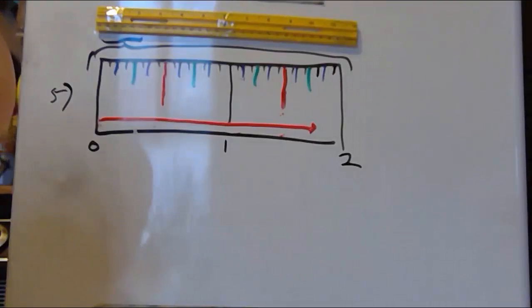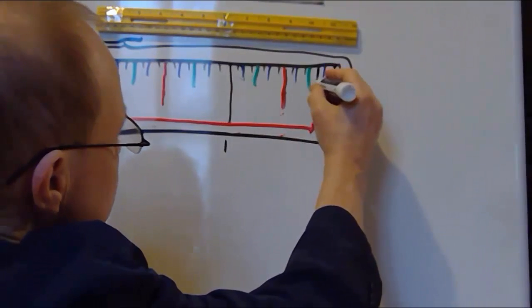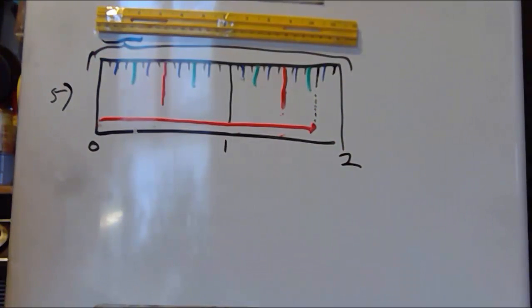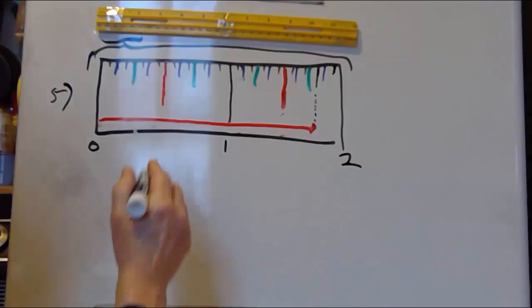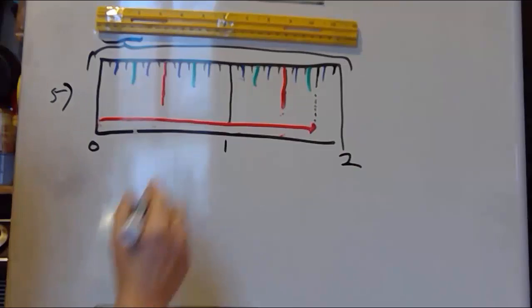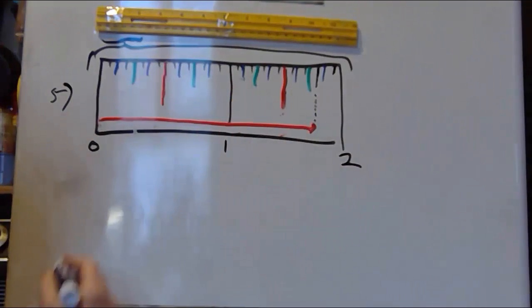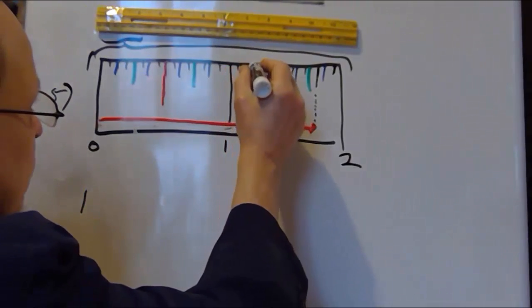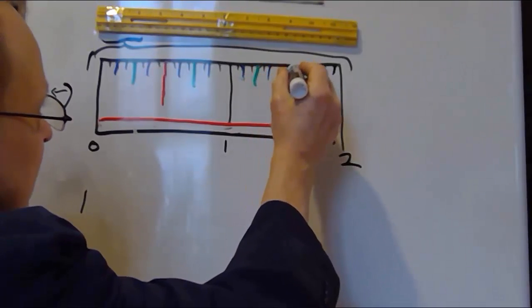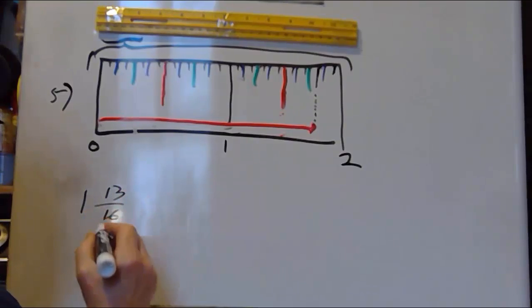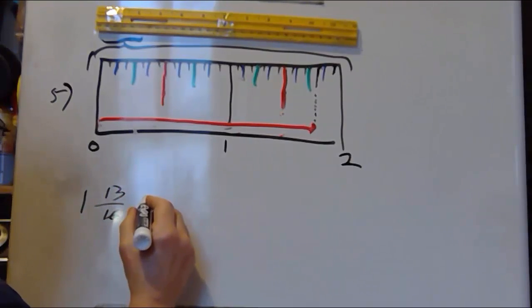So that means if we drop a perpendicular, meaning just a line to see where we are, and it looks like if we were to count, we end up with the 1/16. So if we were to count from here to here, we have the 1, and then from here to here, we have 1, 2, 3, 4, 5, 6, 7, 8, 9, 10, 11, 12, 13, 13/16 of an inch, or inches.